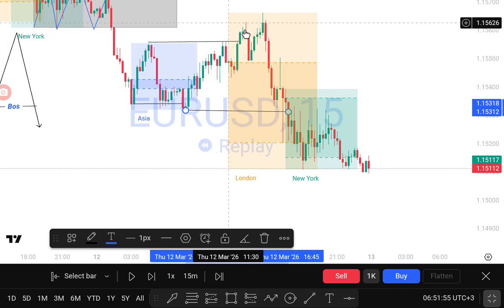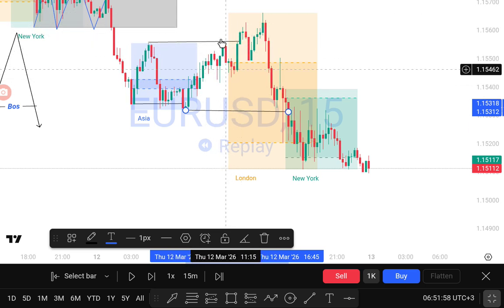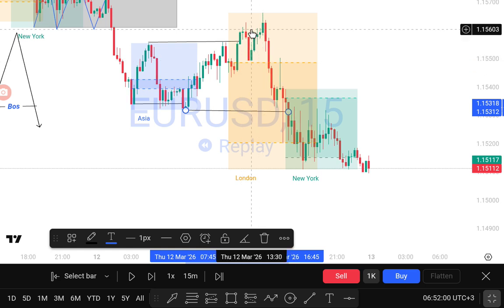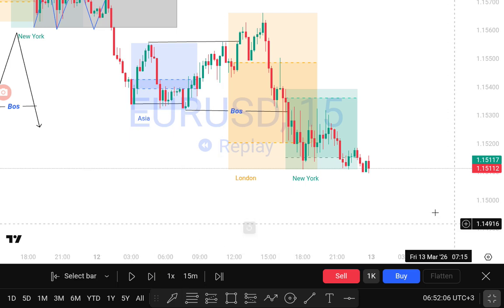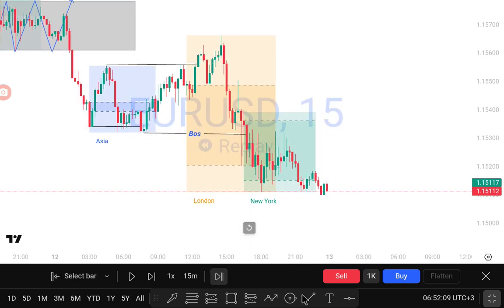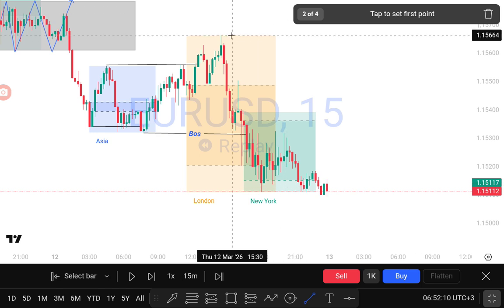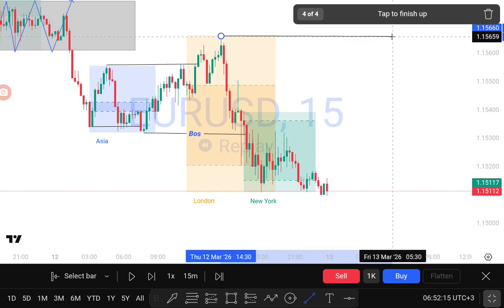This sweeping above is not a market structure shift. We were still in our range until price tapped into our 50%. So this is a break of structure continuing to the downside. Now this becomes our highest point price reached before breaking. This is the London high.